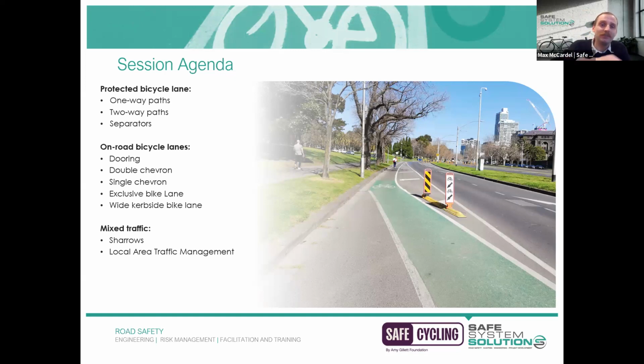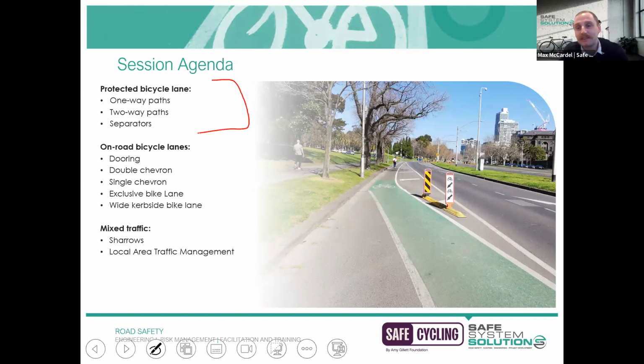What we generally consider best practice within this realm is the idea of a protected bicycle lane. If you've never heard that term, that's completely fine. We'll go through a definition of exactly what that means. We'll go through how that can be configured, either as a single direction or bi-directional facility, and we'll talk about different separators that can be used.